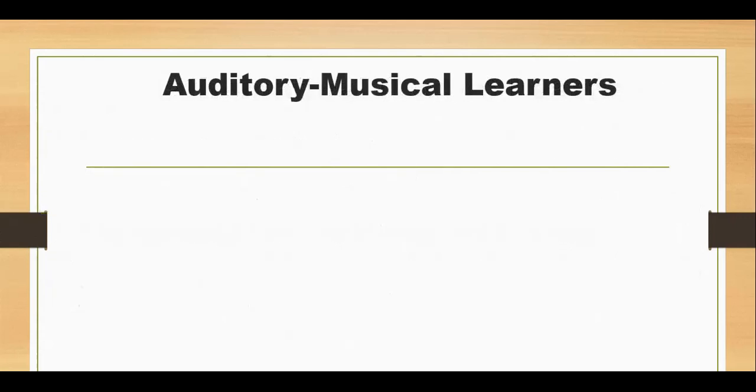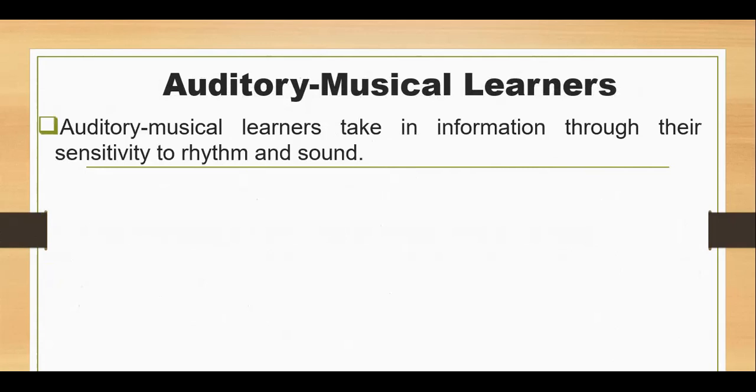The auditory musical learners. The auditory musical learners take in information through their sensitivity to rhythms and sounds. This is a bit different from that of the auditory. The auditory does not take note or cognizance of the rhythm, the tone, the frequencies of sounds coming in.